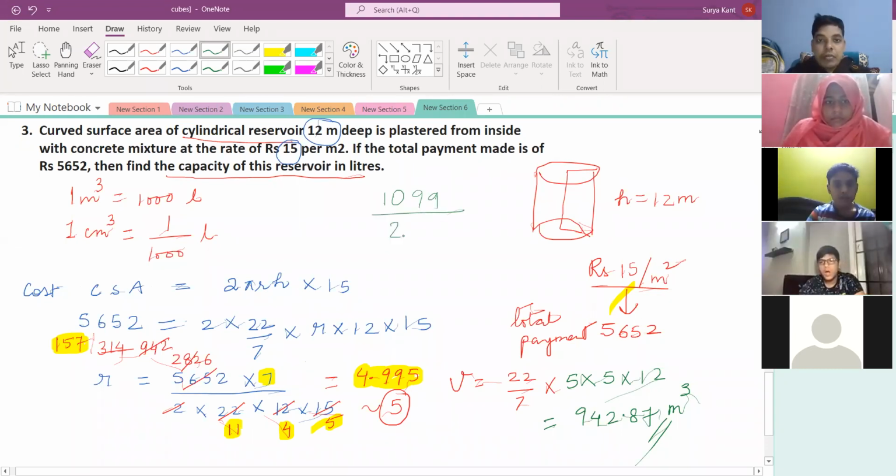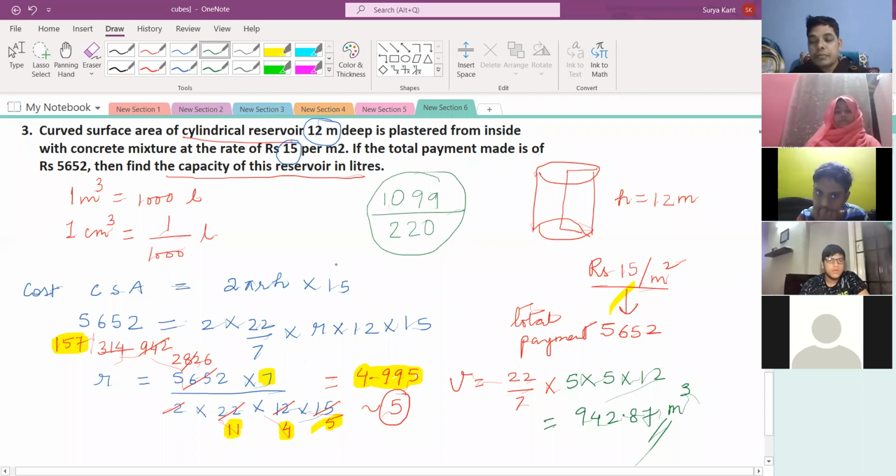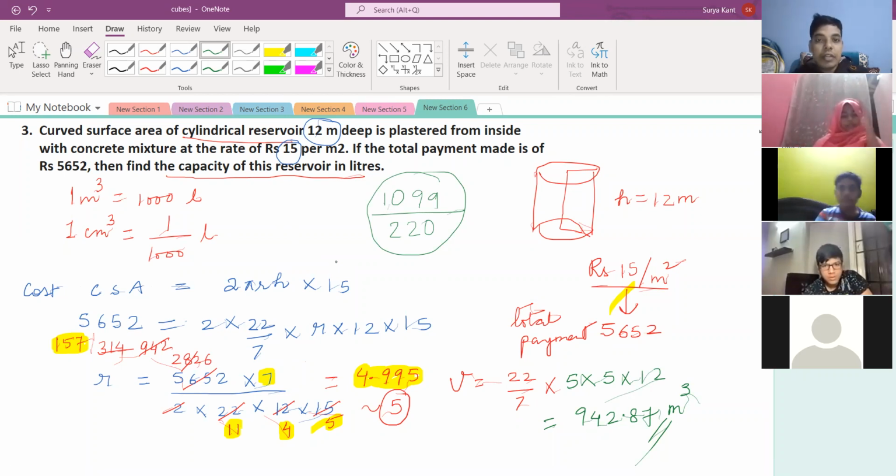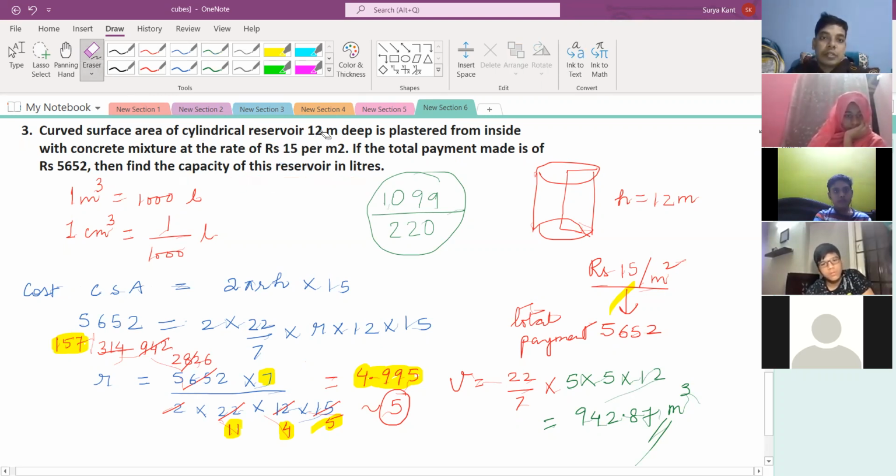So separately you do 1099 divided by 220. What answer are you getting? Just check. Divided by 220, sir, because 5 fours are 20, 20 elevens is 220. What will you get? Coming, sir, 4.995. That's only mentioned here. Okay. Some lakhs you are saying is coming. Sir, when I did all those.